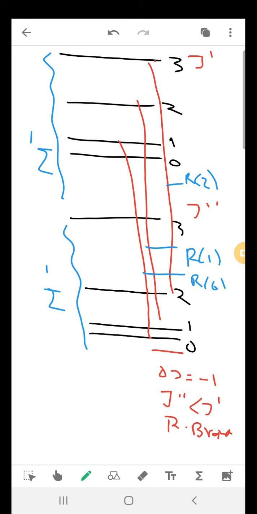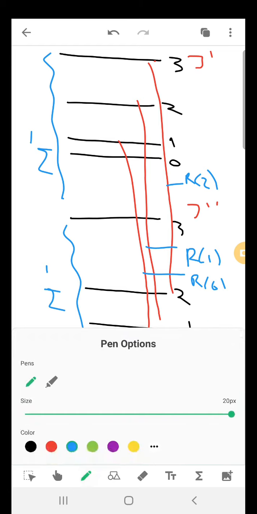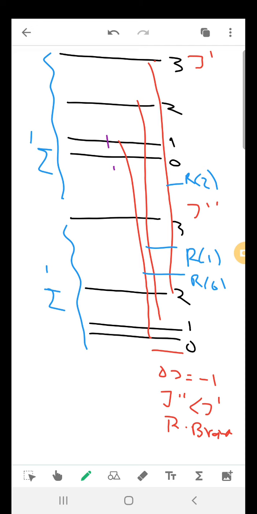Whereas we have a center here. This is ν0, and on the left hand side we get the P branch. In the P branch, ΔJ = +1, and J'' is actually greater than J'.